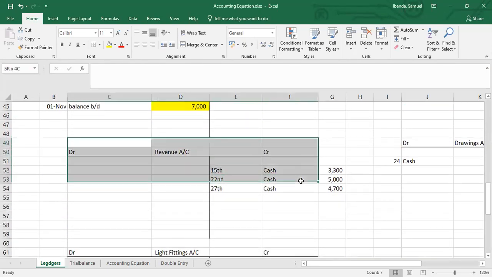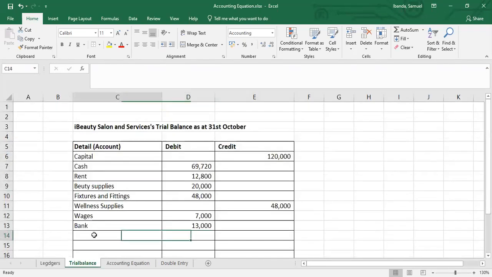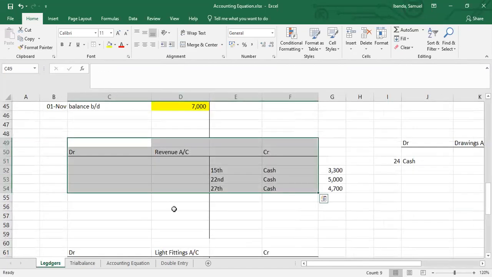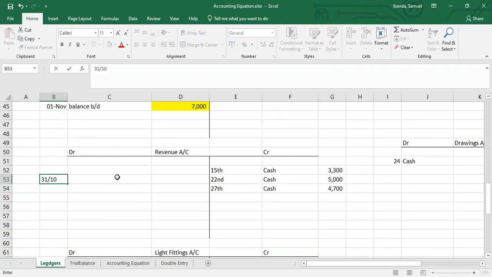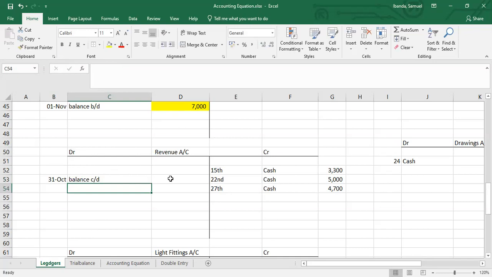Then come to revenue. This is 13,000. It is 31st October, balance carried down, 13,000. Total 13,000.